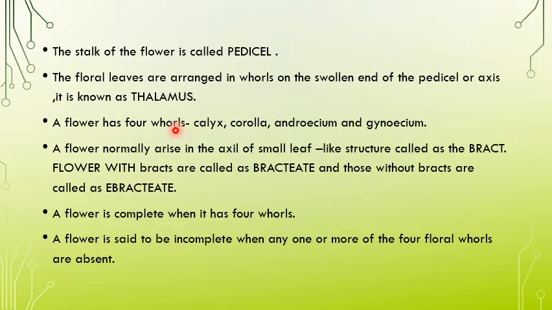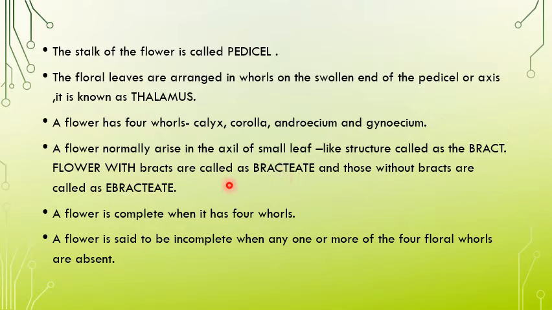The flower has four whorls: calyx, the unit of the calyx is sepal; corolla, the unit of the corolla is petal, and these two are the non-essential parts. Androecium or the stamen, and gynoecium or pistil, are known as the essential parts of the flower. Normally, the flower arises in the axil of a small leaf-like structure called the bract.